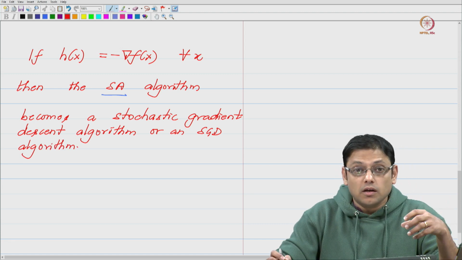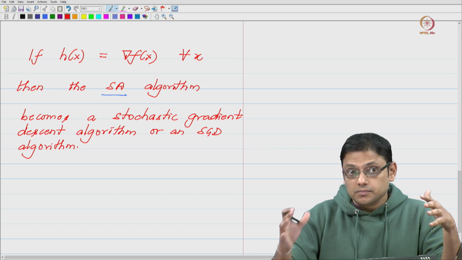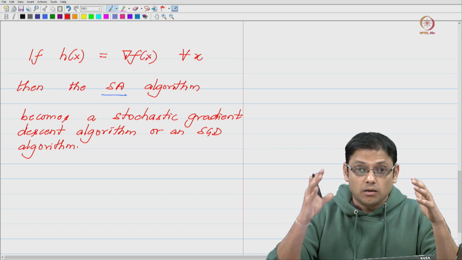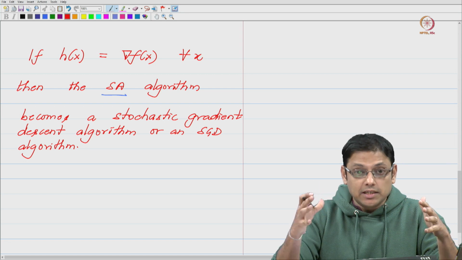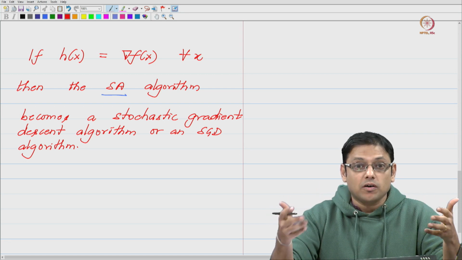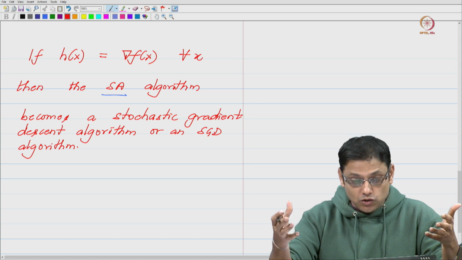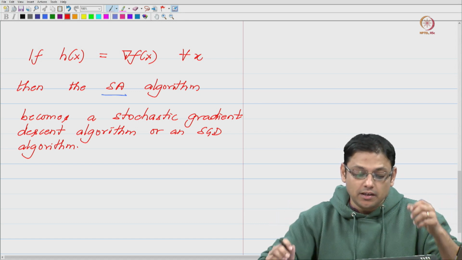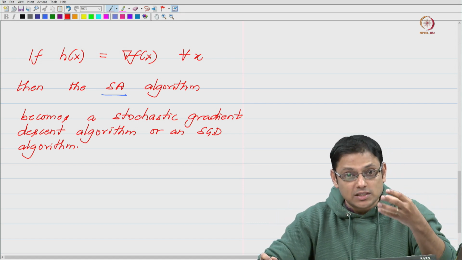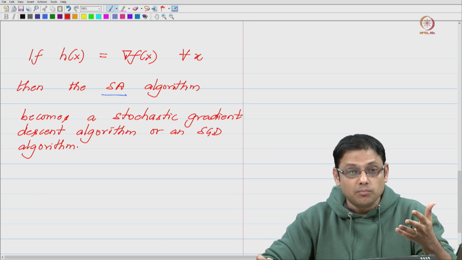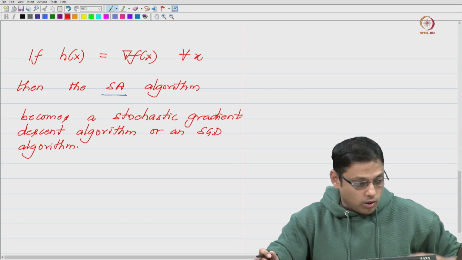I am sure with the hype and impact of machine learning, everyone must have heard about stochastic gradient descent methods in the context of machine learning. And what I am saying here is that when h(x) equals grad f(x), then indeed a stochastic approximation algorithm becomes an SGD algorithm.